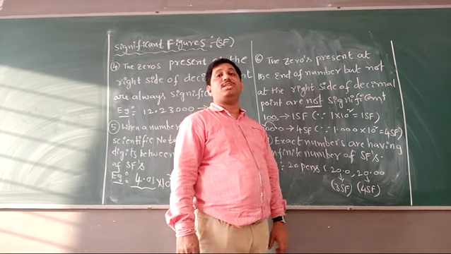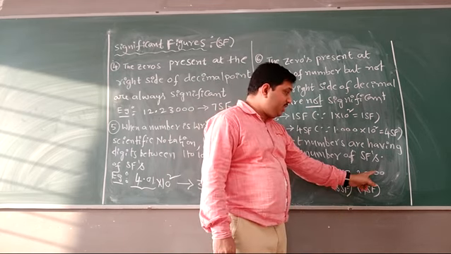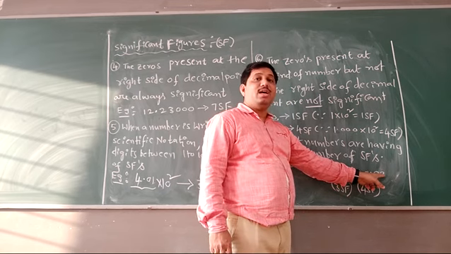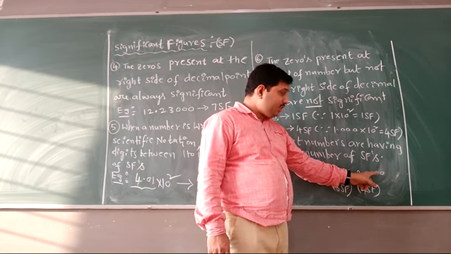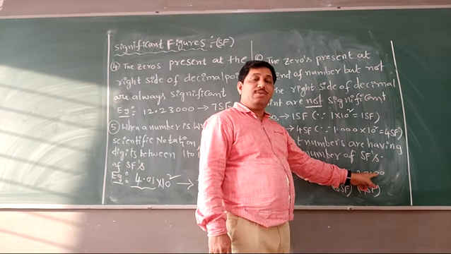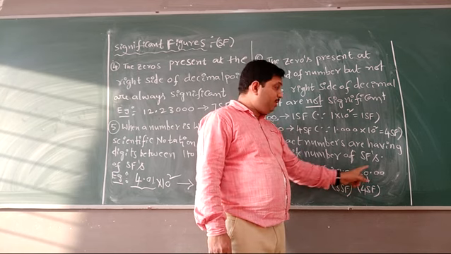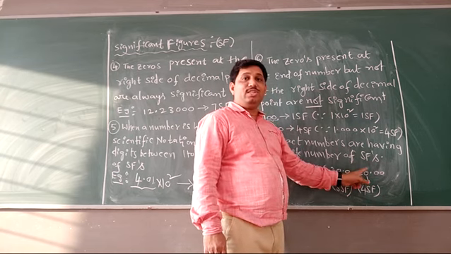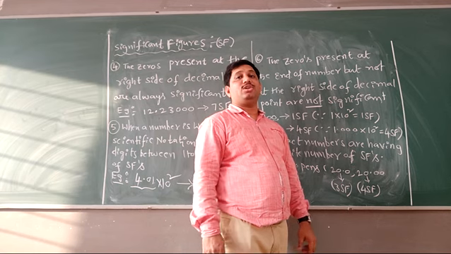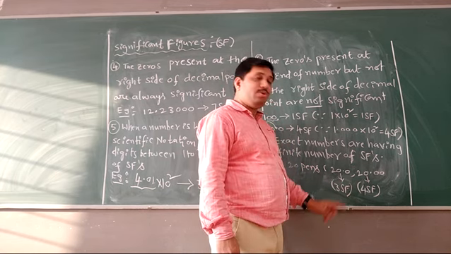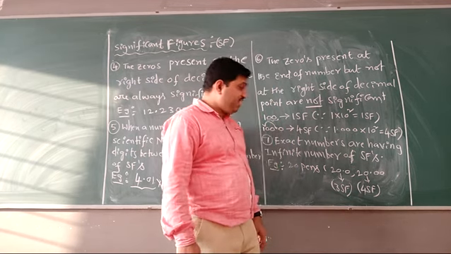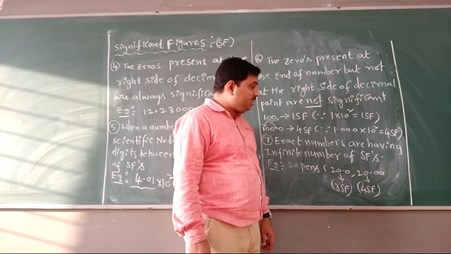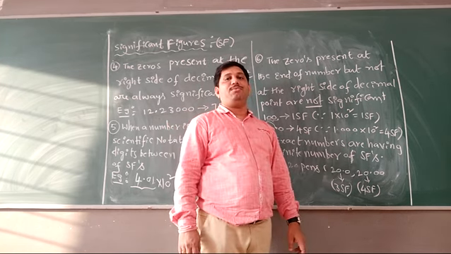Totally 3 significant figures are present. Between the two significant figures, these zeros are also significant. Hence, 20.0 is having 3 significant figures. 20.00 is having 4 significant figures.